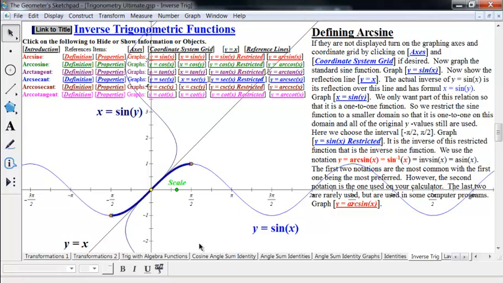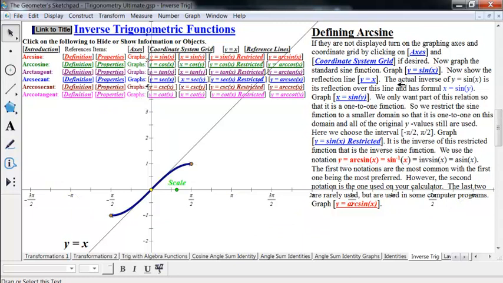So notice if we just keep that part only, then we get a graph of the sine function, but only part of the sine function. Now, if we just look at that part there, we see that that is a 1-to-1 function. It goes from negative pi over 2 to pi over 2 on x, and y goes from negative 1 to 1.